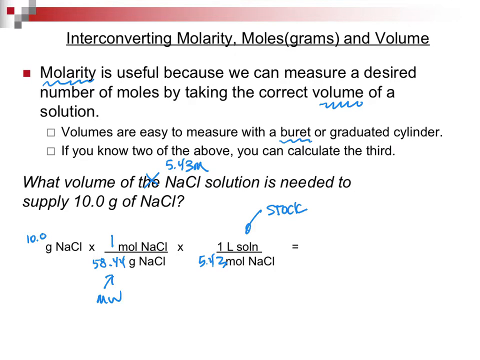Notice I've inverted molarity. That tends to be problematic. That gives 0.0315 liters, or 31.5 mL of the 5.43 molar sodium chloride. Many problems were assigned here because you just have to encounter a problem and think your way through.